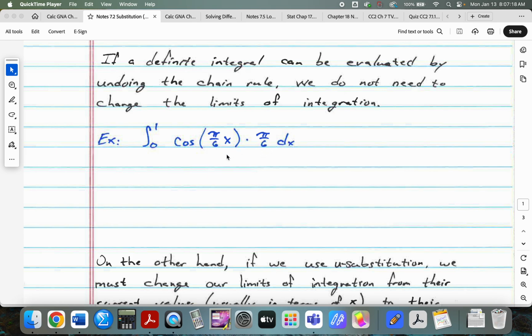It's all right there for us. I think most people are pretty confident enough to go, okay, this is going to be the sine of pi over 6 times x evaluated from 0 to 1 and not have to do the U substitution.